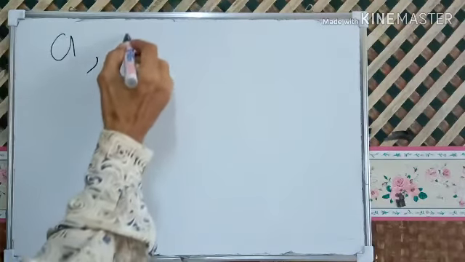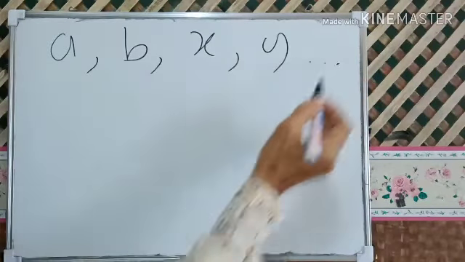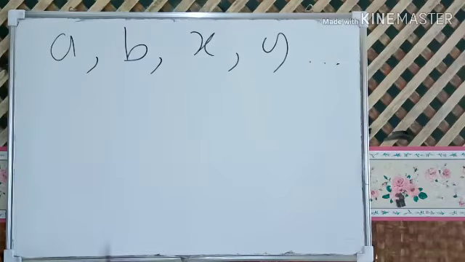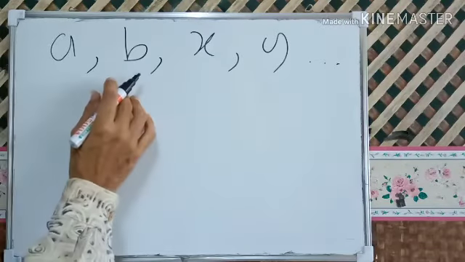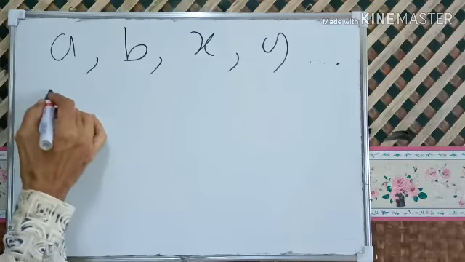Here I take some alphabet: A, B, X, Y, and these all are alphabet, but in algebra we call them variable.